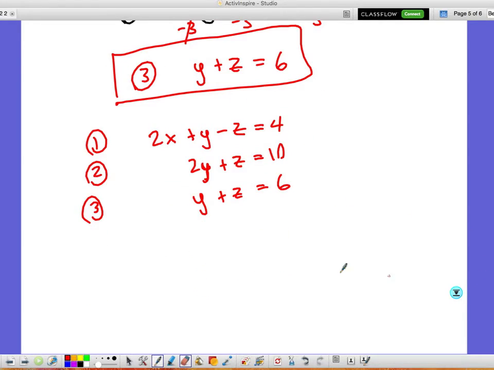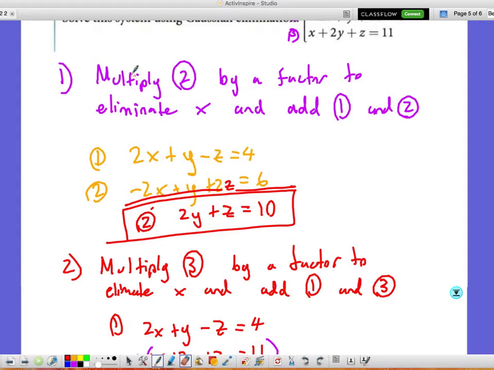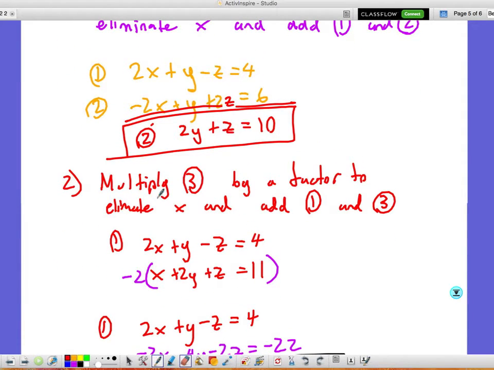Okay, we're ready for step 3. So notice here we multiplied the second equation by a factor to eliminate x, and we added 1 and 2. Step 2, we multiplied the third equation by a factor to eliminate x and added 1 and 3.